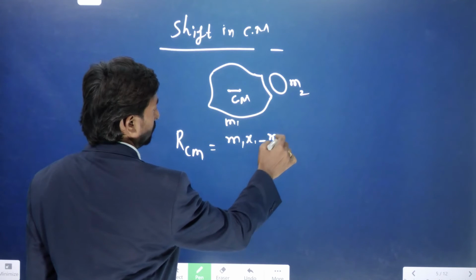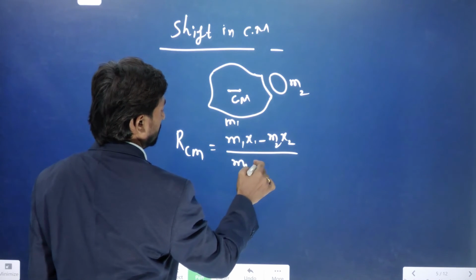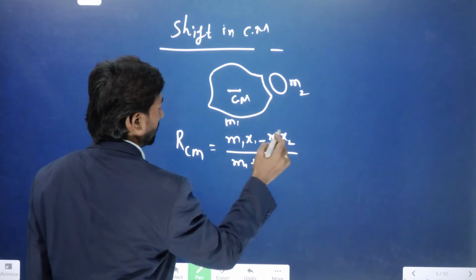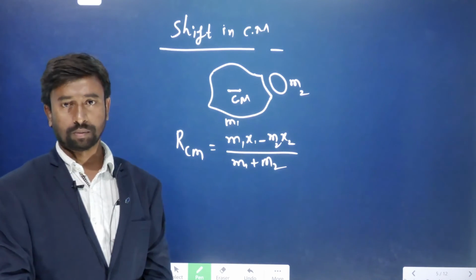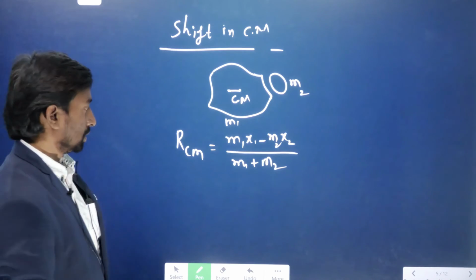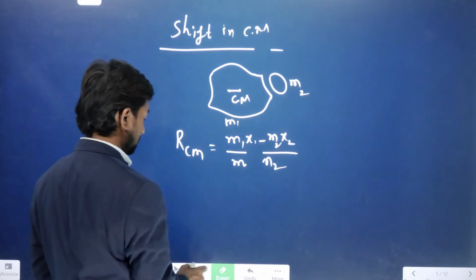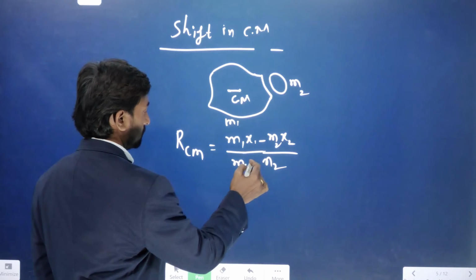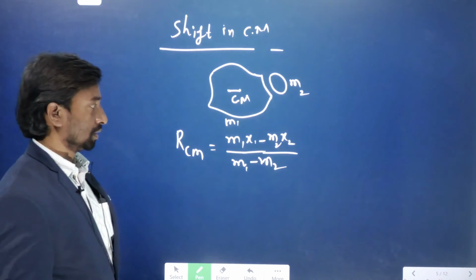So m2 into x2, divided by m1 minus m2, since a certain area of the particle is removed there. So here we'll get minus.